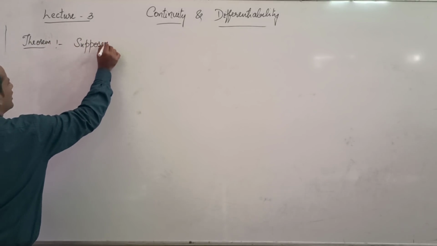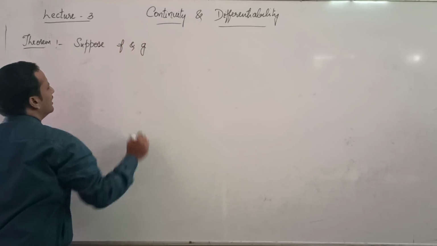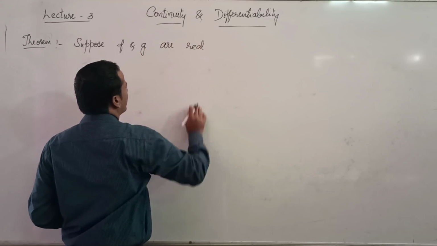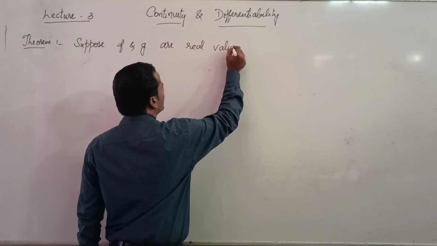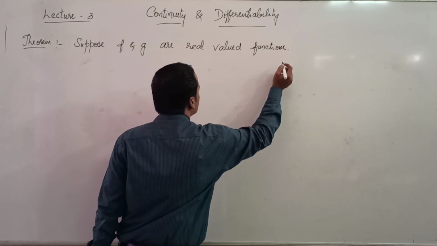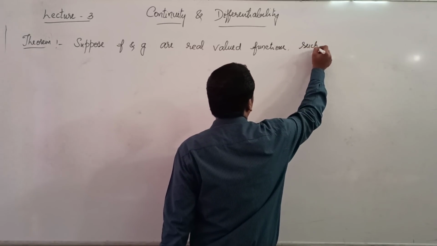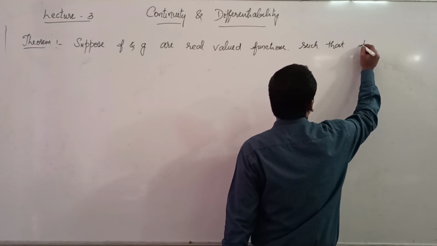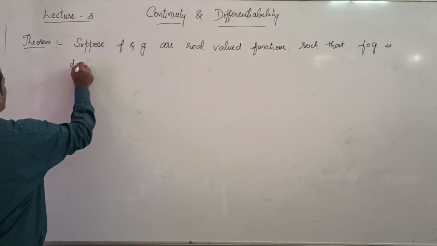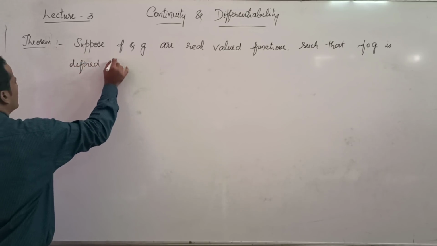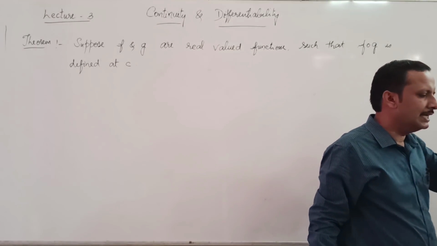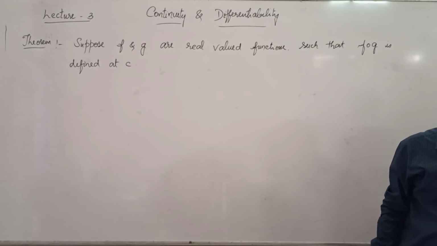Suppose f and g are real valued functions such that f circle g, in other words f composition g, is defined at c.